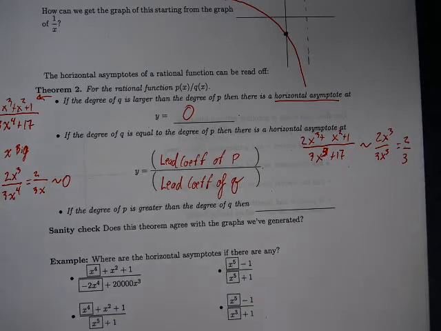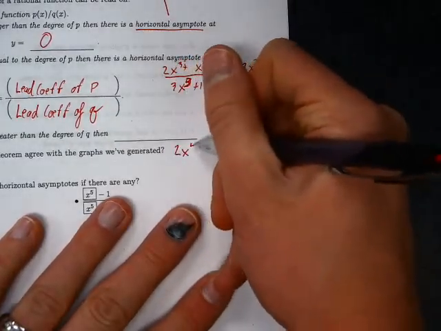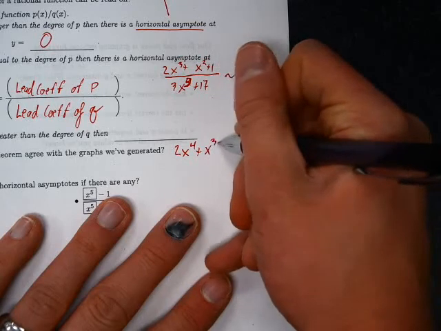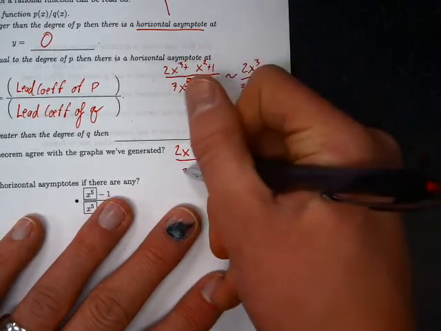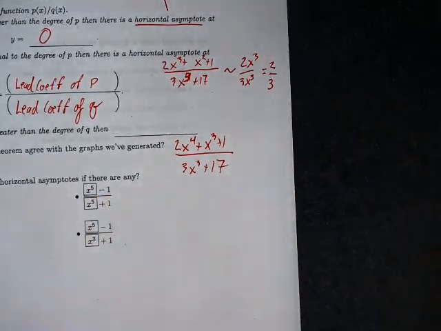And I guess the other case is the case that the denominator wins. So let's see this example. Let's think about 2x to the 4th plus x cubed plus 1 divided by 3x cubed plus 17. And let's play that exact same game.